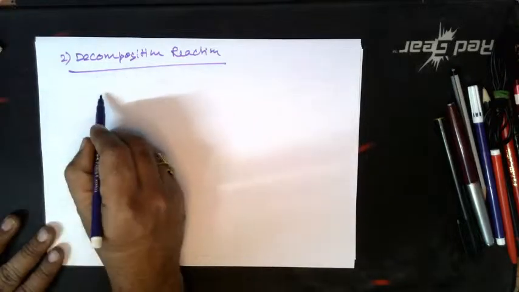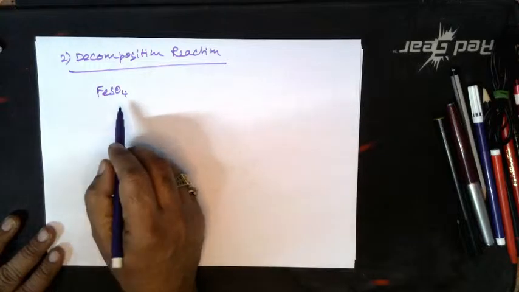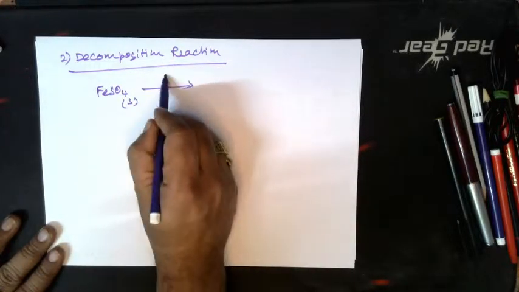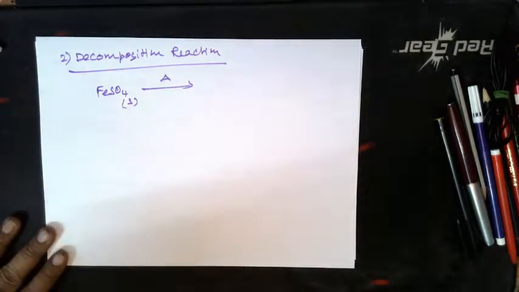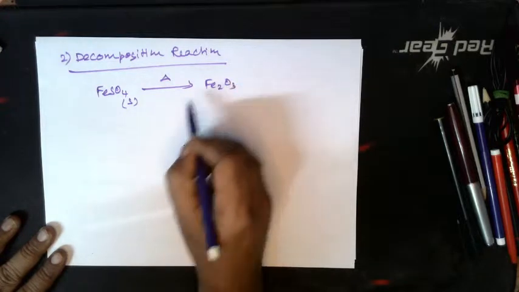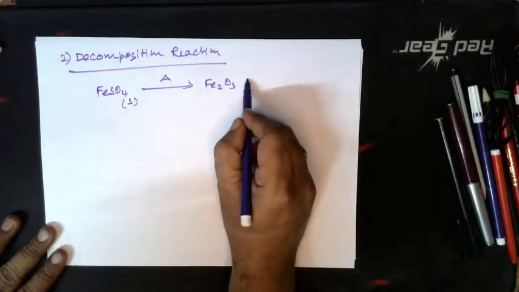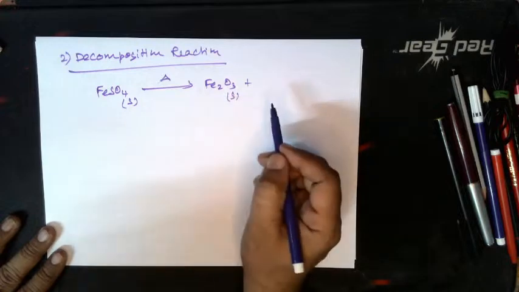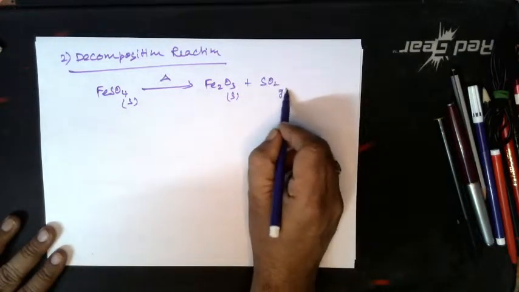Take down ferrous sulfate, FeSO4. That is in the solid form. When it is heated, this triangle symbol indicates heat. So when it is heated, you are able to get ferric oxide, Fe2O3, also in the solid form. Then you have sulfur dioxide gas.